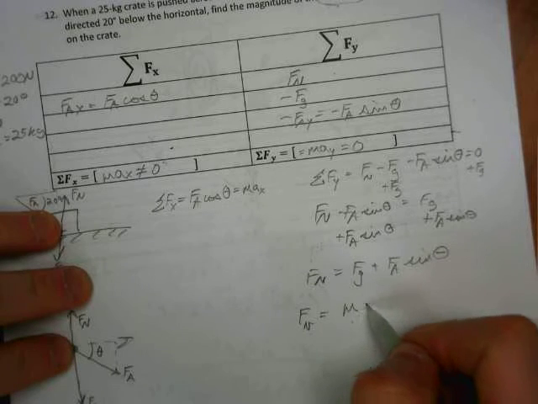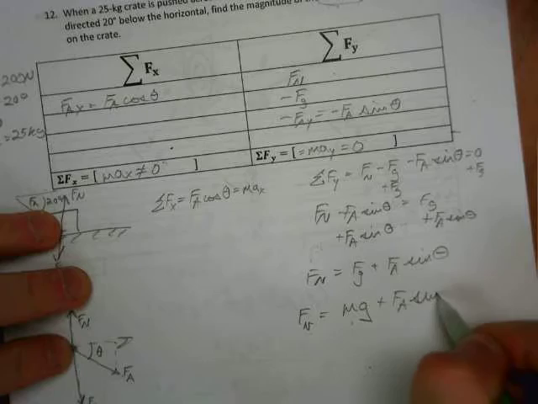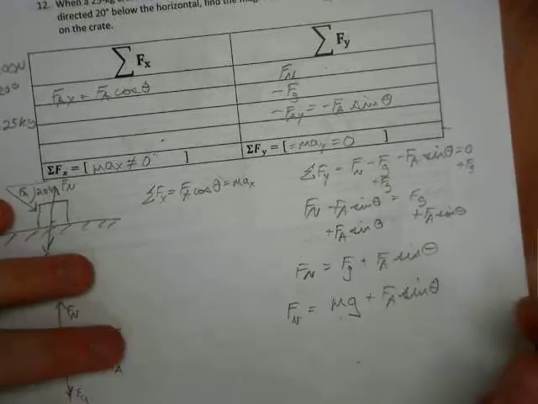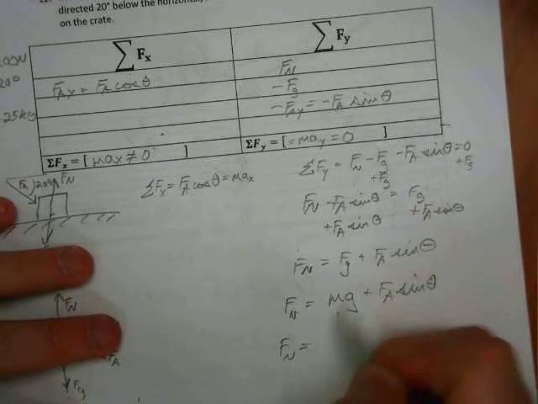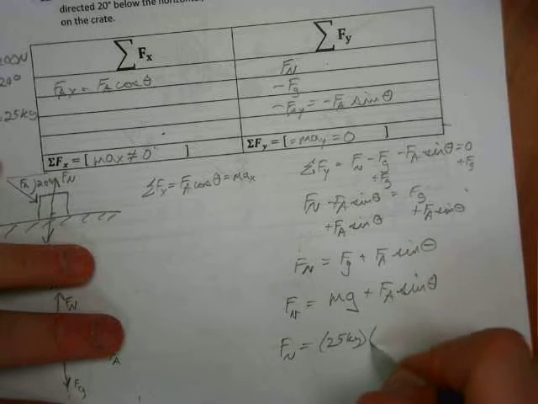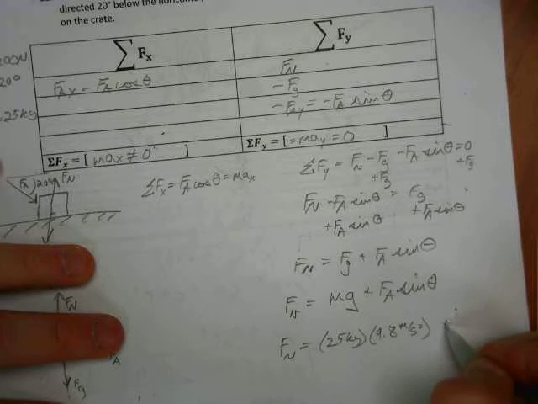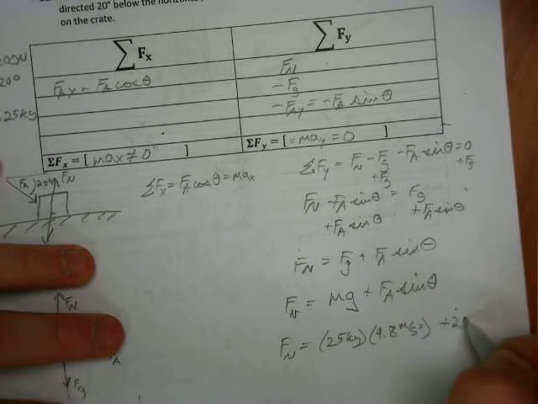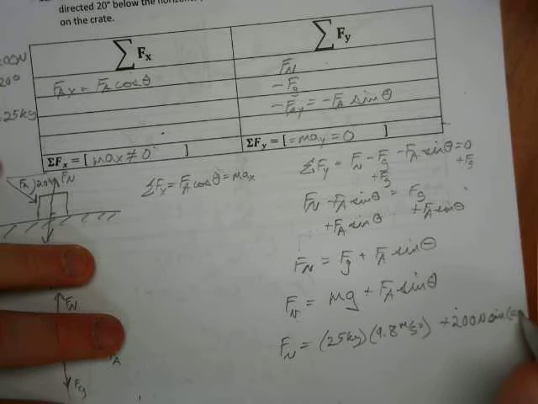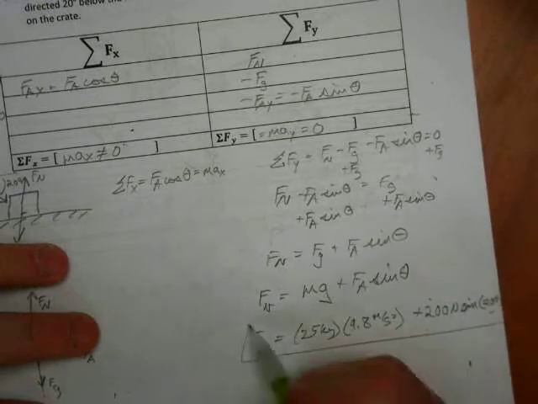So the normal force equals mg plus FA sine of theta. And now you can just plug in. It equals mass, which is 25 kilograms times 9.8 meters per second squared, plus 200 newtons times sine of 20 degrees. Again, I'll let you plug those numbers in.